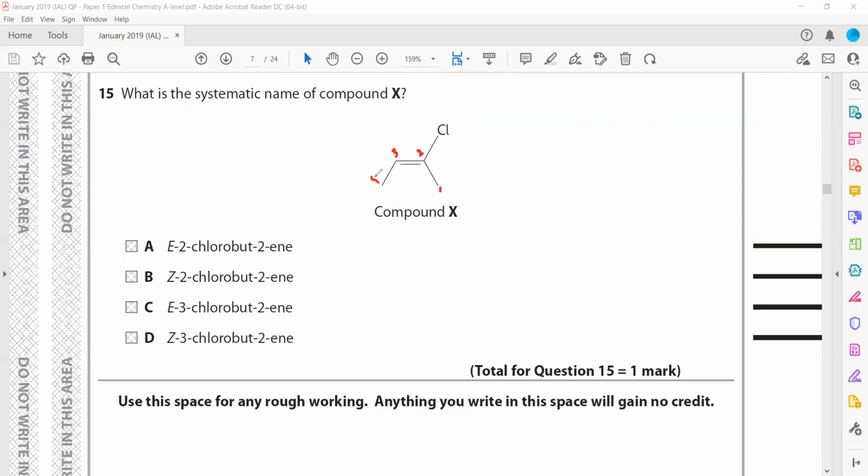So I should number from right to left so that the branch is on the second carbon. So first, E is there, at the second position we have a chlorine, so 2-chloro, but because of 4 carbons, but, and 2-ene because the double bond is between the second and third carbon, so it is but-2-ene.